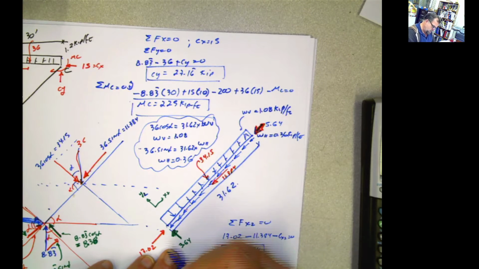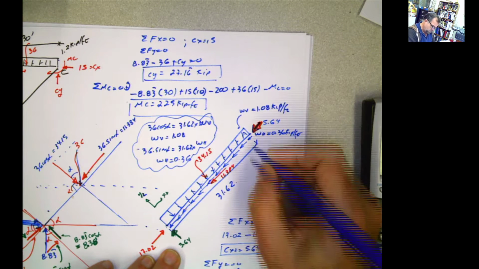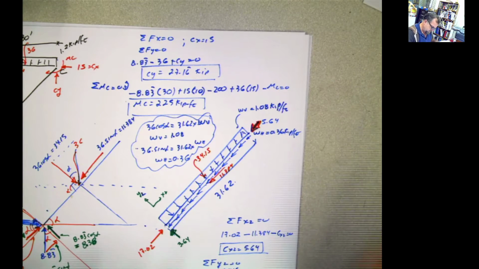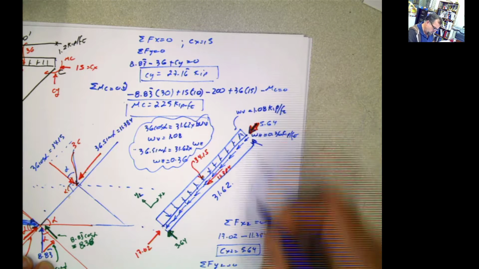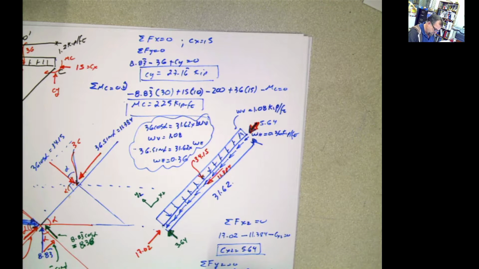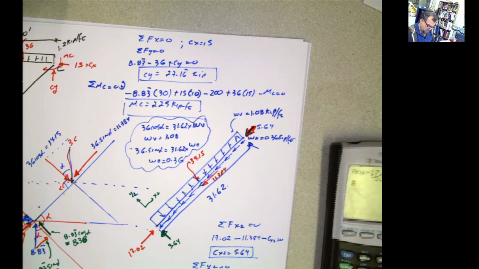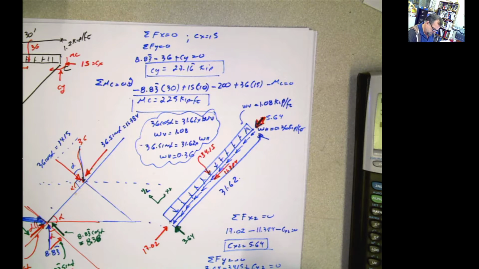So 3.64 minus 34.15 plus this one, and this one, it will be Cy2, equal 0. So Cy2 is going to be equal to 34.15 minus 3.64, which is 30.51.